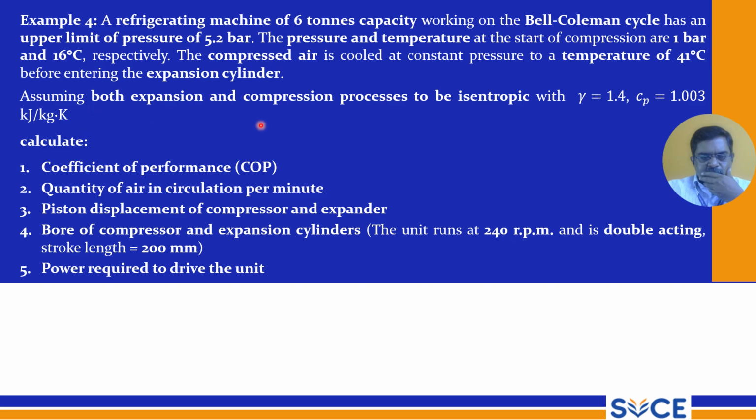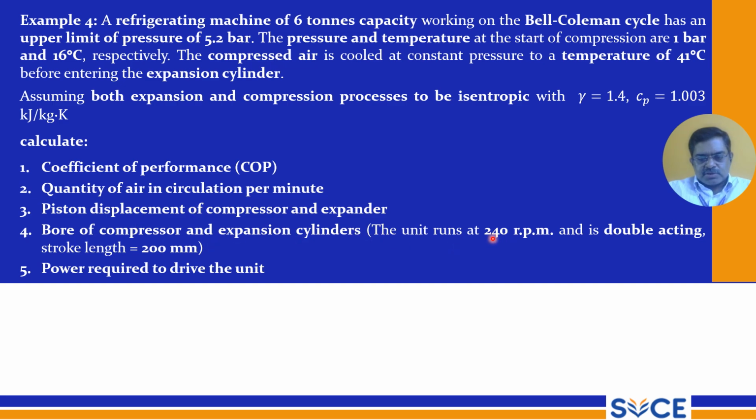Assuming both expansion and compression processes to be isentropic with gamma equal to 1.4, Cp equal to 1.003 kilojoules per kg Kelvin, we have to calculate these 5 parameters: coefficient of performance, quantity of air in circulation per minute, piston displacement of compressor and expander, bore of compressor and expansion cylinders.